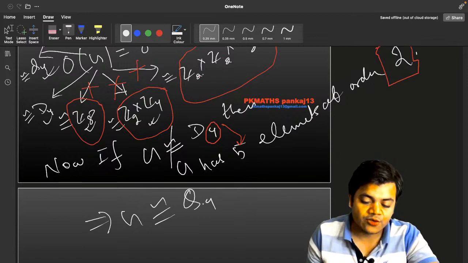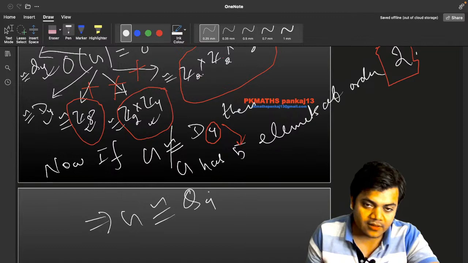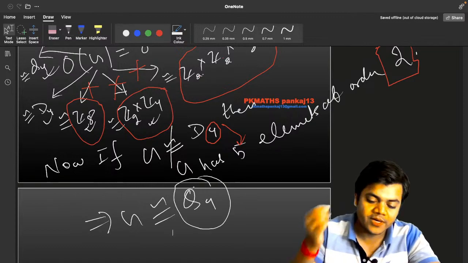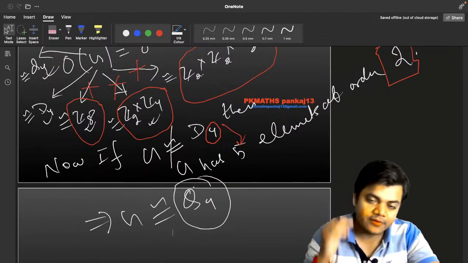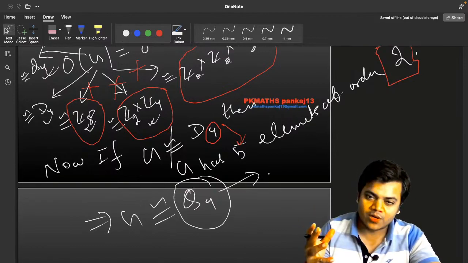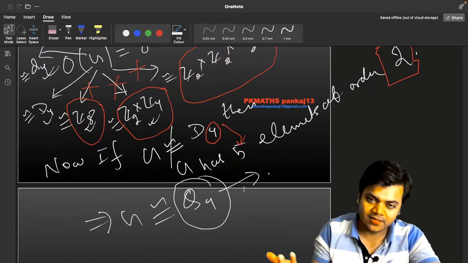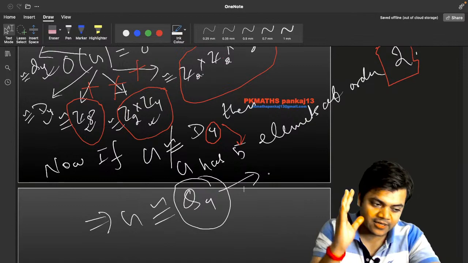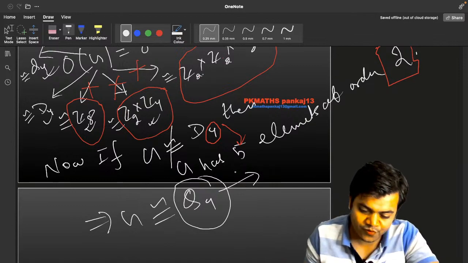And Q4 has no elements of order 8, and 6 elements of order 4, because plus minus i, plus minus j, plus minus k, plus minus 1, these 8 elements are there in Q4.